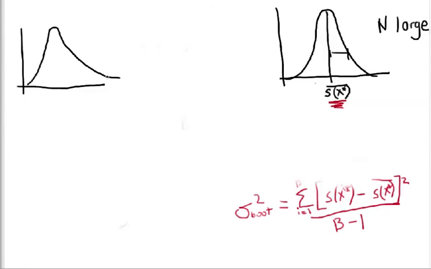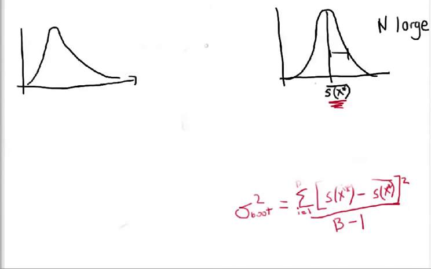So we could have some sort of tail like this. And in that case, the statistic that we've computed, this sigma boot, this bootstrap error, doesn't have the same connotation as the standard deviation of a normal or Gaussian distribution.